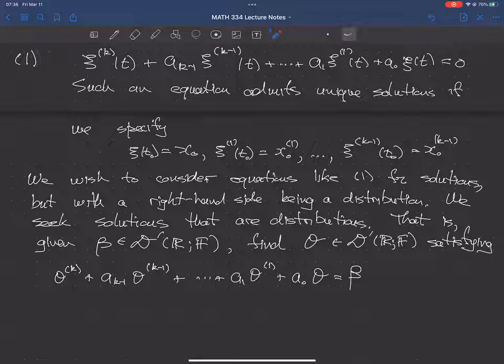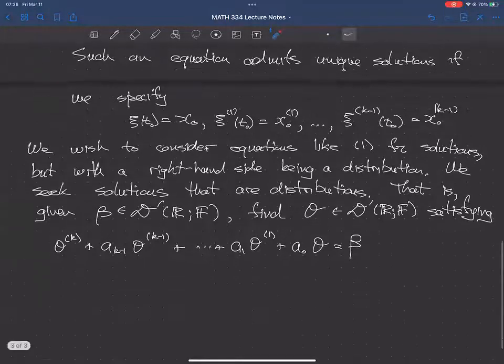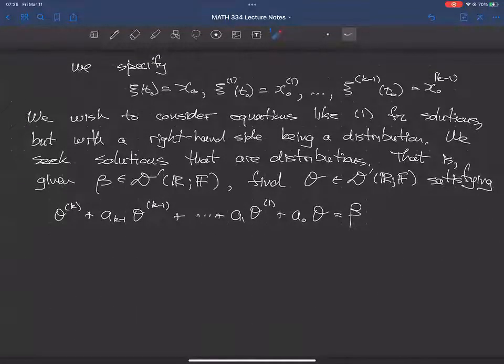There is a way that you can develop this theory of scalar, linear, constant coefficient, inhomogeneous differential equations in the space of distributions. It goes a little bit beyond how deep I want to get, so I'm just going to tell you some answers.